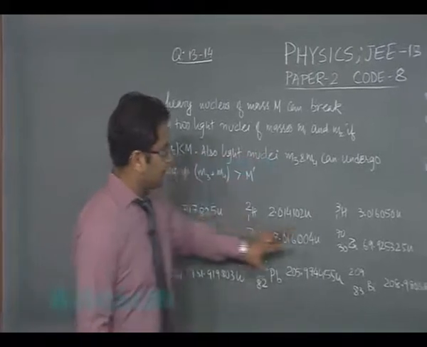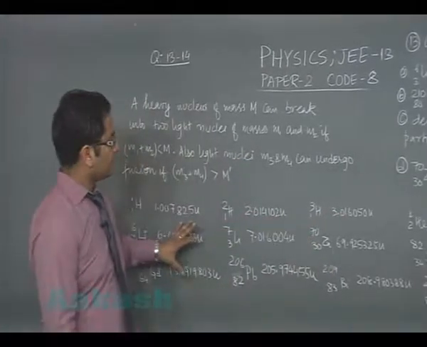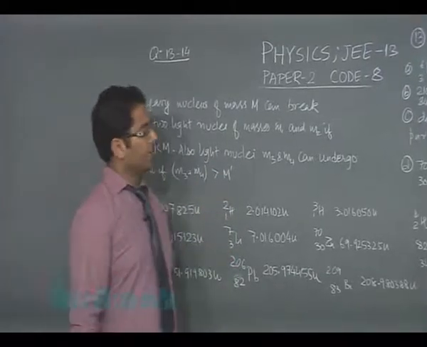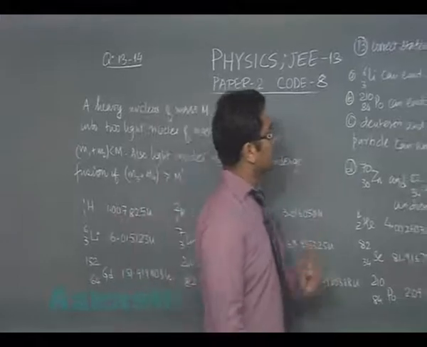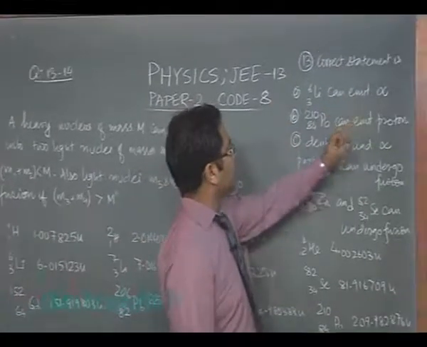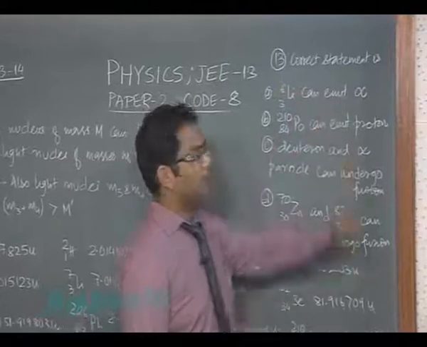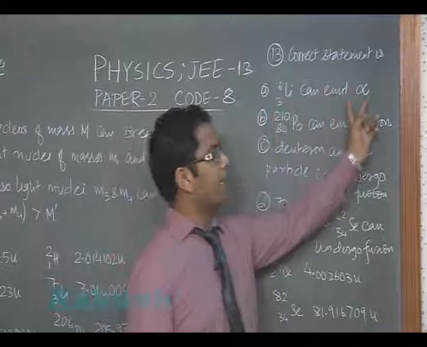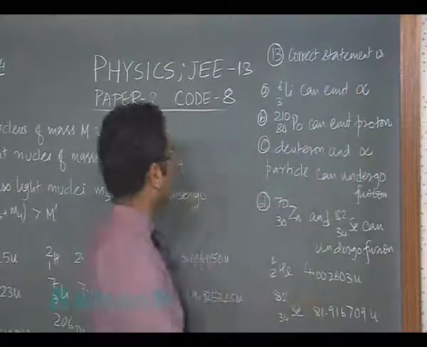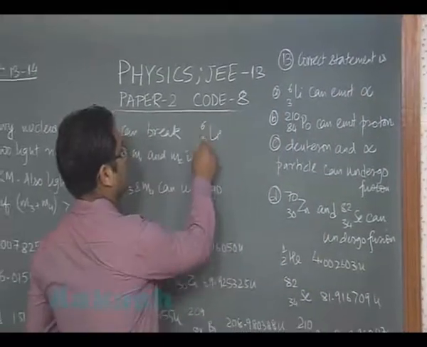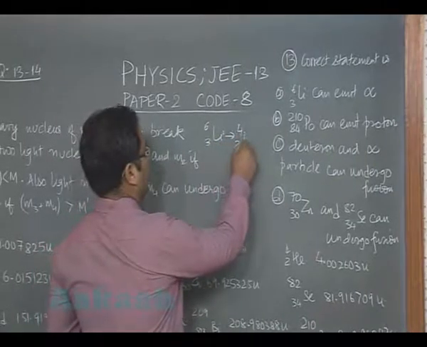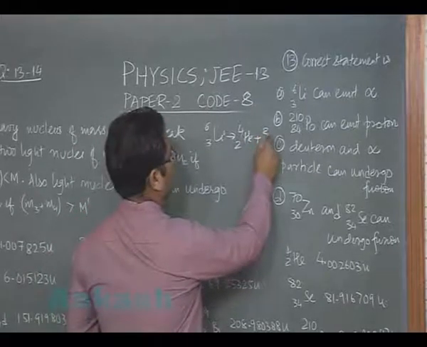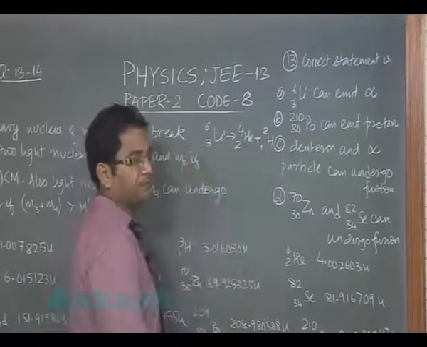The question provides the data atomic mass unit of all the given nucleus. And we have to see the question. Question number 13 says that correct statement is 6,3 lithium can emit alpha particle or not. The idea is when lithium 6,3 emits alpha and the remaining constituent, that has to be 2,1H deuterium.